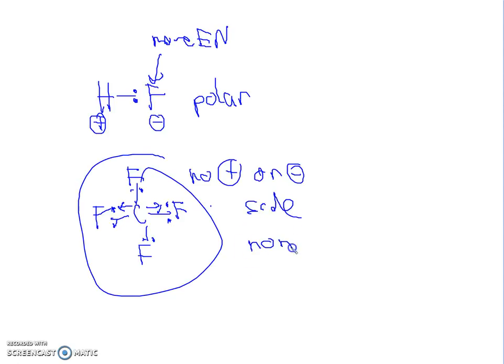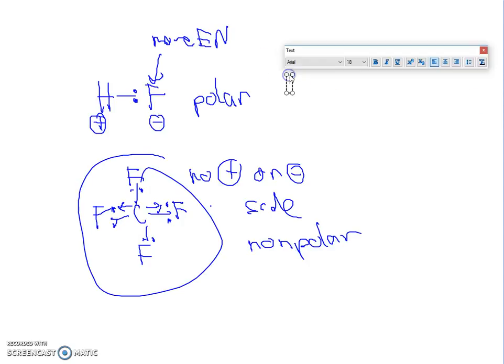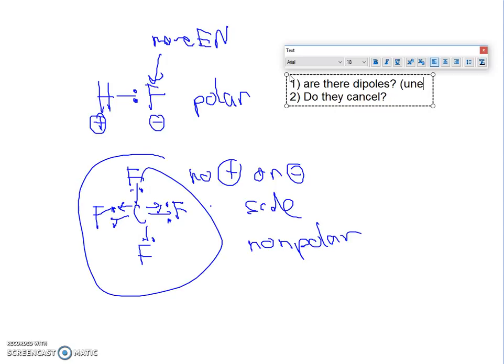So this is nonpolar, right? So essentially you check 2 things to figure out if it's polar. Are there dipoles? That's unequal electronegativity, and do they cancel?